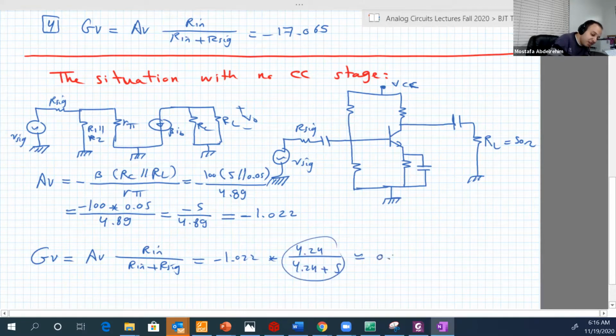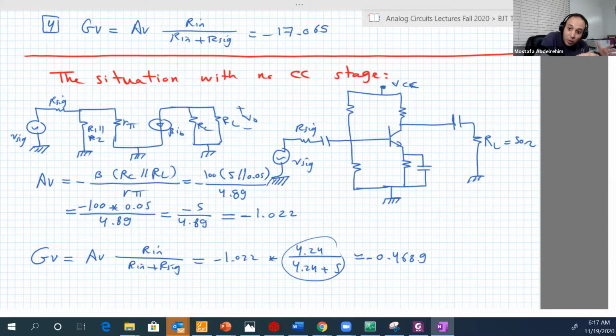So this will be minus 0.4689. So it's even worse. So with no common collector, if we just connect the load to our common emitter, we will get attenuation, not amplification.